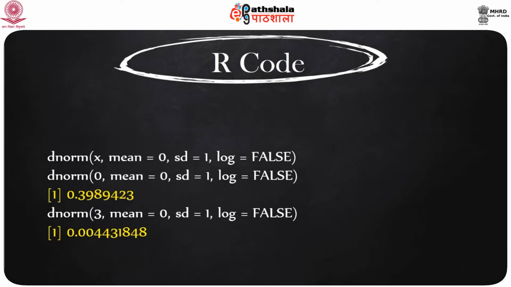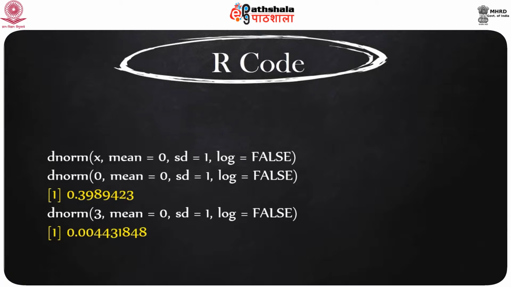We know that this is the case of the standard normal distribution. We can specify any numbers we wish as mean and standard deviation, but we are specifying 0 and 1 for simplicity. Then log = FALSE is included as an argument here. In cases where you want to use the log of the density, you should go for log = TRUE, but by default it takes FALSE.